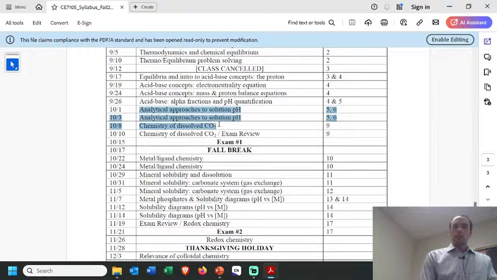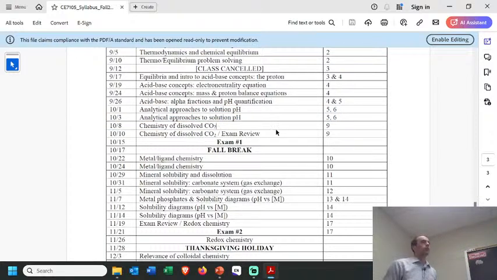We're going to get to dissolved CO2 chemistry after the exam. Might have to speed things along a little bit, but basically our homework covers most everything up till this point, including the titration that we're going to talk about today, and that means our exam will similarly cover up to that point as well.